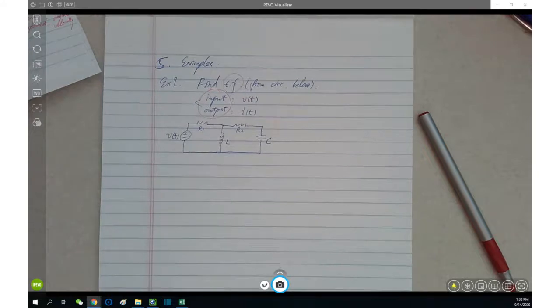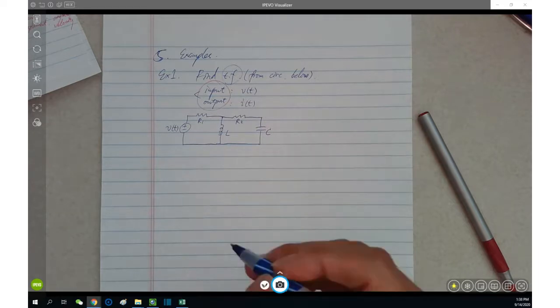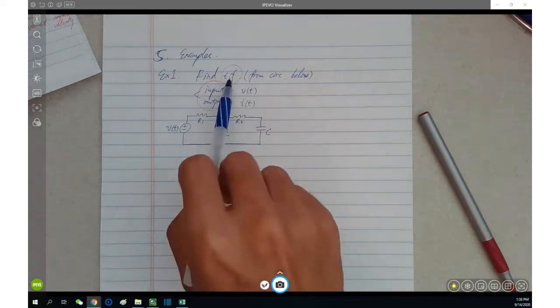Resistance, inductance, and capacitance labeled as R1, R2, L, and C. Everything is in terms of symbols rather than specified values. All right, what do we do to such a problem to find a transfer function between these two variables?